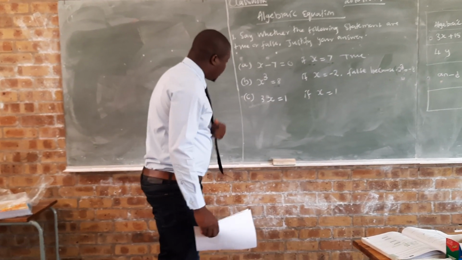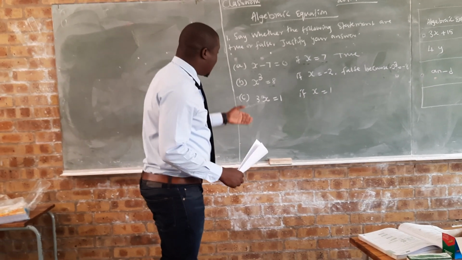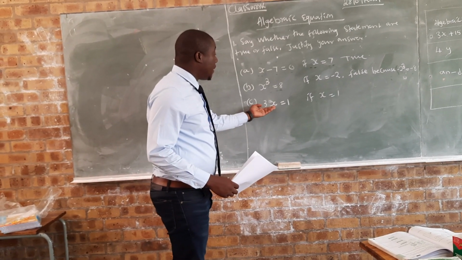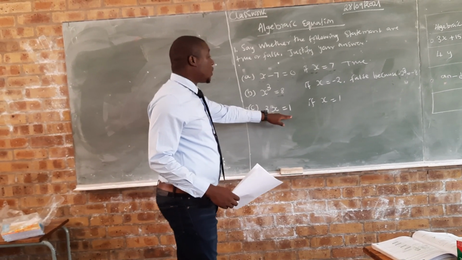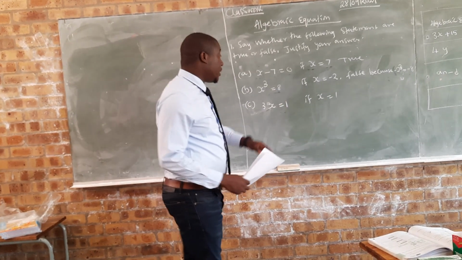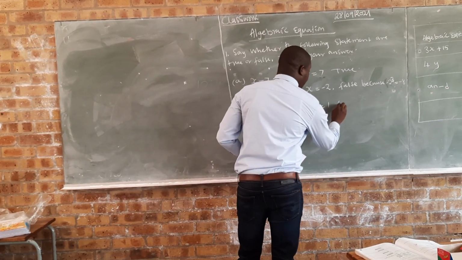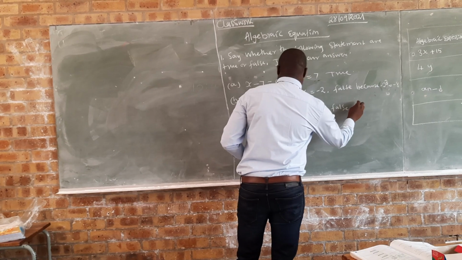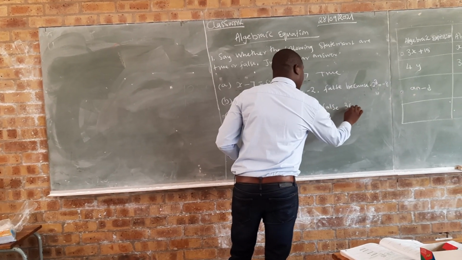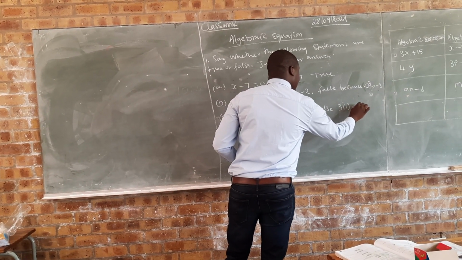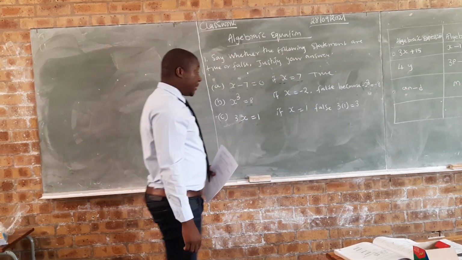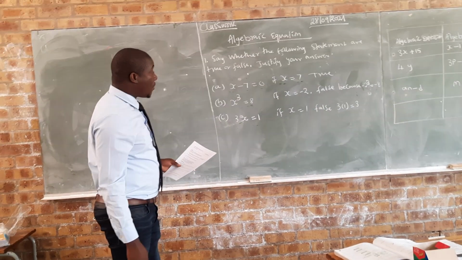Because 3 multiplied by 1 equals 3, and here we say that it equals 1, and that is false. So therefore we say false. When we substitute x is 1, we get 3, so we indicate that it is false.